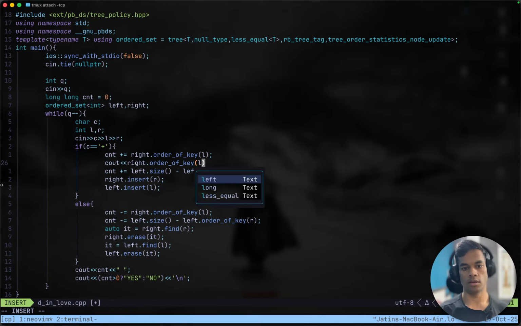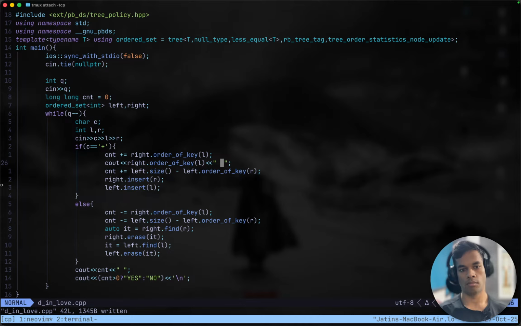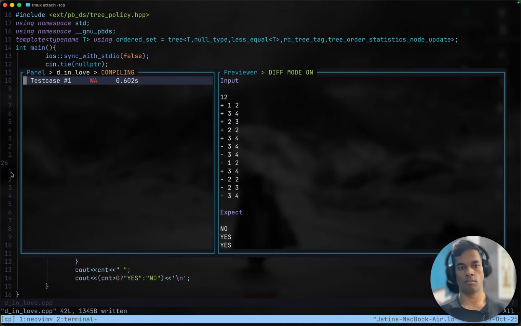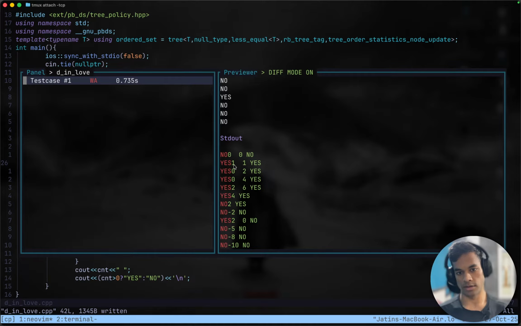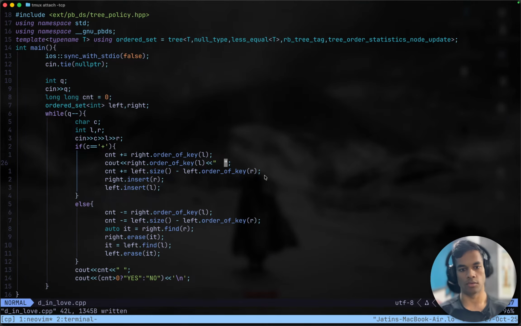Order of key left. Okay, it turned out to be 1 there, but it was not 1 here.